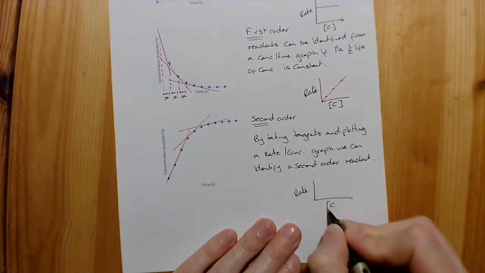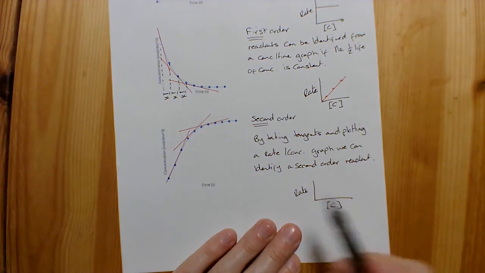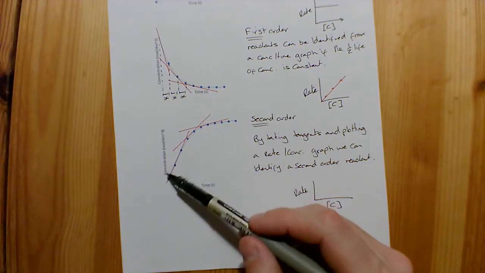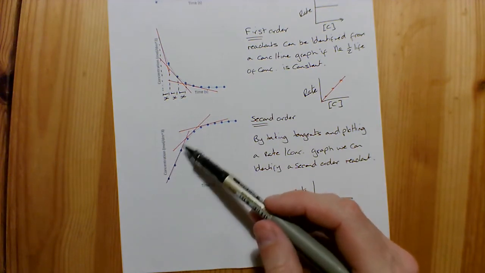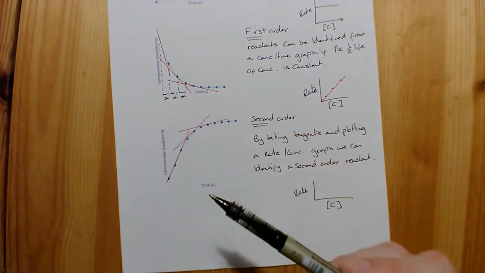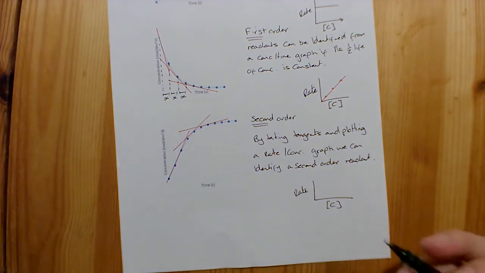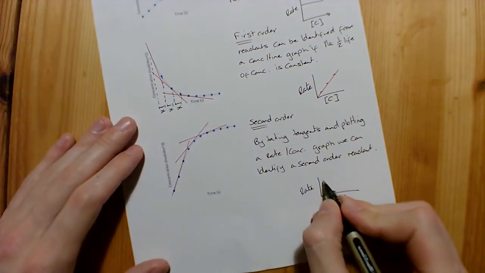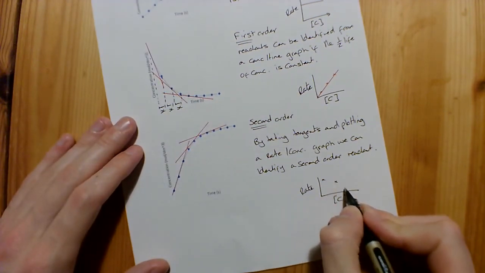Rate over concentration, and we can see that again the rate is starting off fast and getting slower, so this one's going to curve down.